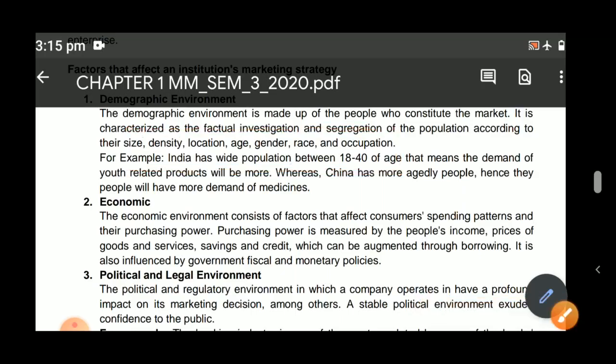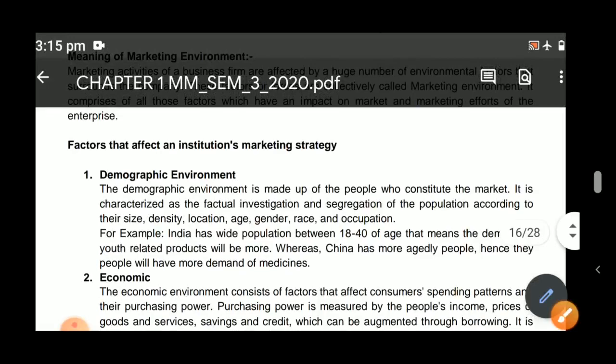Okay, now as everybody knows, the size of our nation is huge. We are the 7th largest country in the world in terms of area in kilometers.